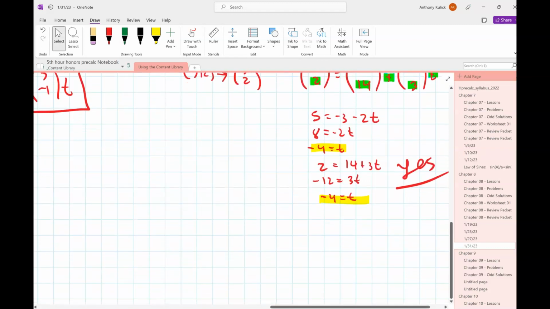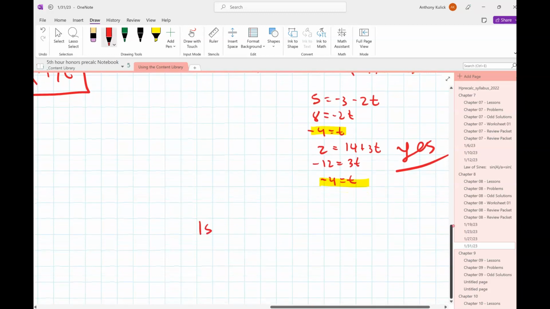This would be the same as a question like, is 3, 5 on the line y equals 3x plus 2? How would we check that? Well, you plug in the x and y and see if they're equal, right?